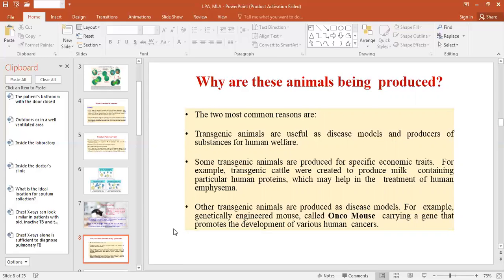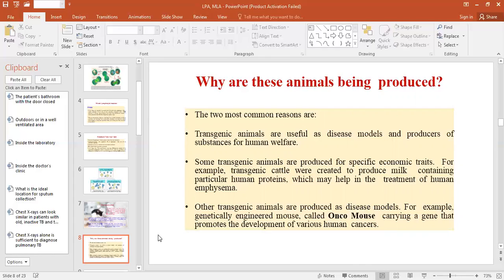Some transgenic animals are produced for specific economic traits. For example, transgenic cattle are created to produce milk containing particular human proteins, which may help in the treatment of human emphysema.